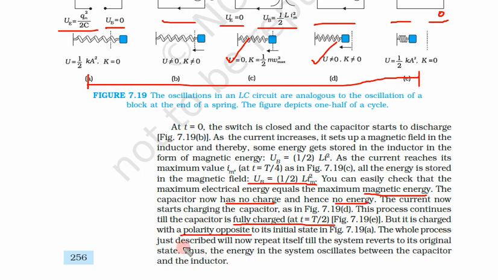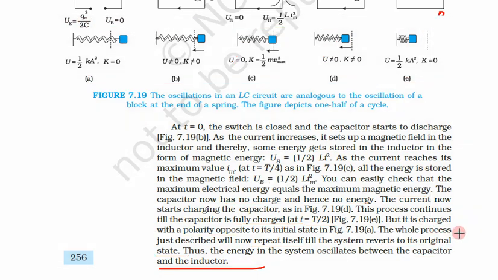The whole process just described will now repeat itself, till the system reverts to its original state. It has not reverted yet; the process will continue till we get the initial polarity. Thus the energy in the system oscillates between the capacitor and the inductor, very similar to the mechanical oscillator.